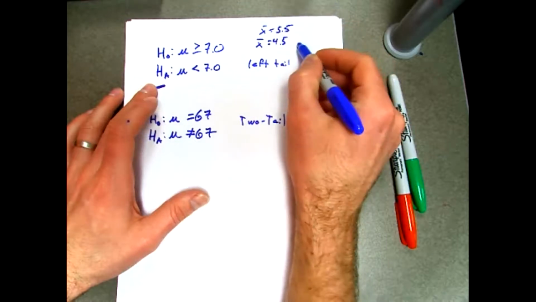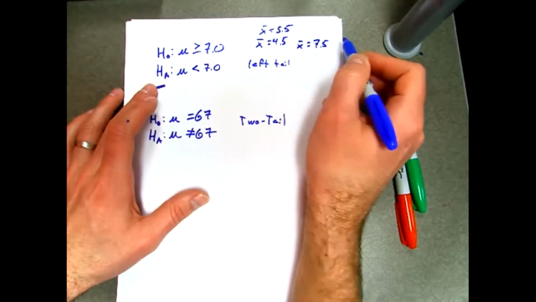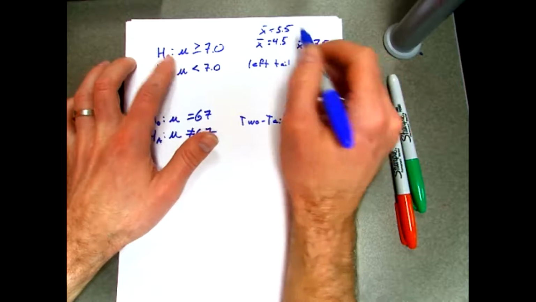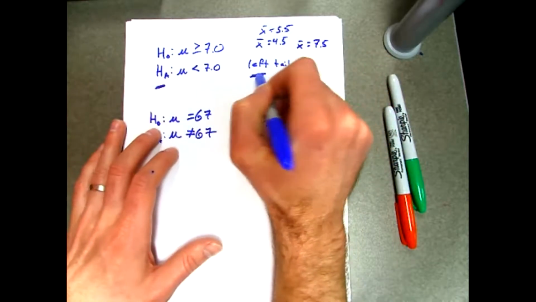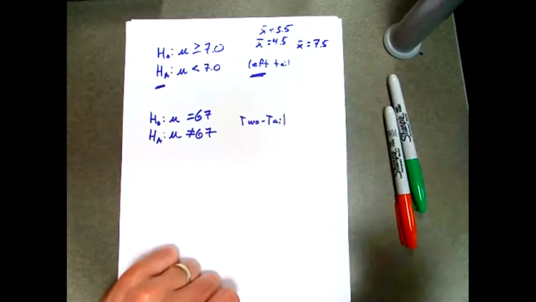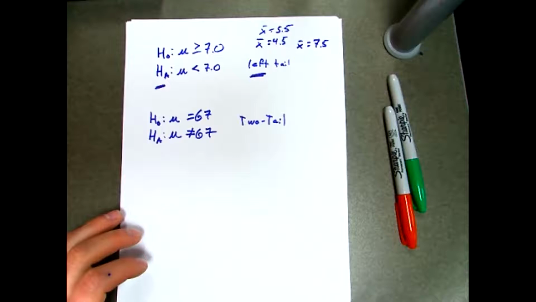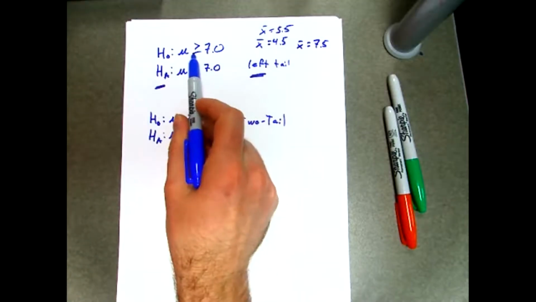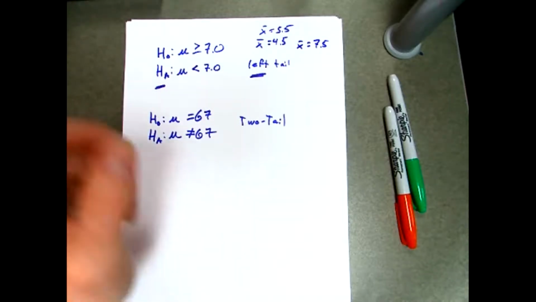But what if I see a sample mean of 7.5? That's above 7, but that supports the null. So only evidence to the left of 7 goes against the null there. That's the only range of sample means where I might reject the null. Anything on the right side supports the null, so of course I'm not going to reject it.